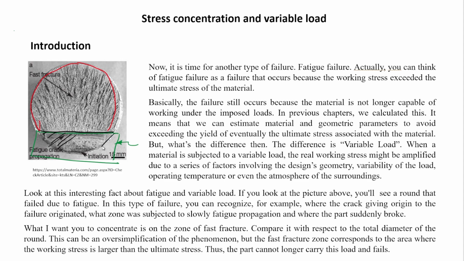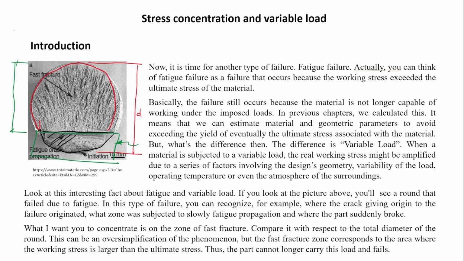And when it reaches that level, the rest of the material is left. Imagine that this was the original diameter of this shaft, and you design that shaft for its purpose, you say, well, the diameter I have to use for this design has to be D. However, when it failed, the final diameter that was able to support the whole bunch of loads on that shaft was this one here.